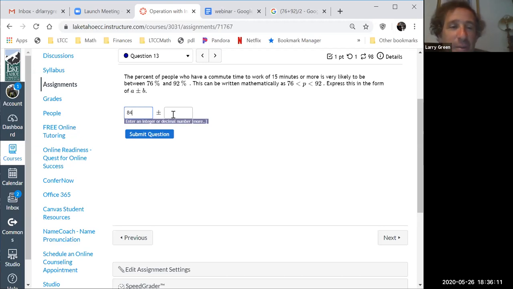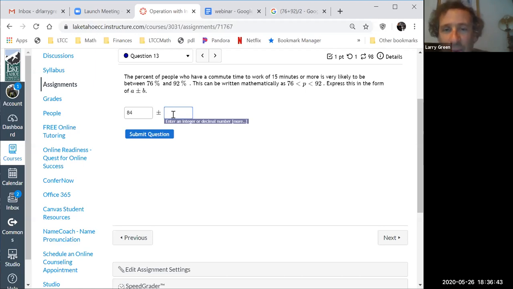All right, plus or minus some number. How do we get that? How do we get the number that we're adding and subtracting? There's actually two different ways of doing it. You get the same answer. There's lots of wrong ways of doing it too, but there's two right ways. Yeah, so one way is take 92 minus 84.